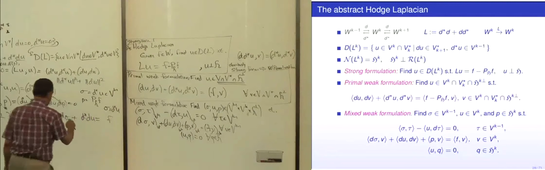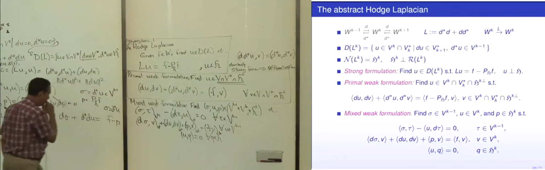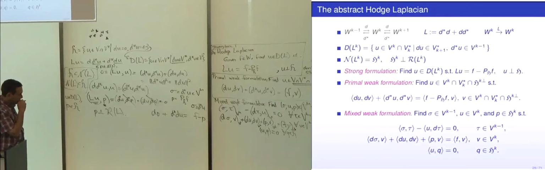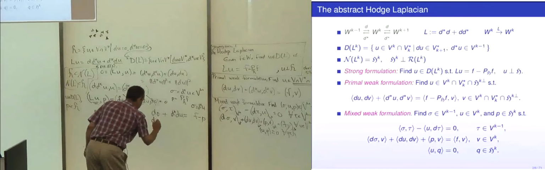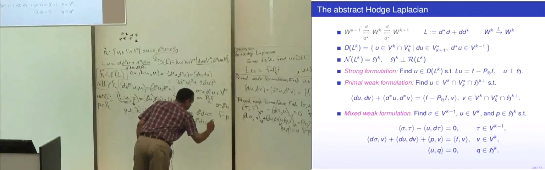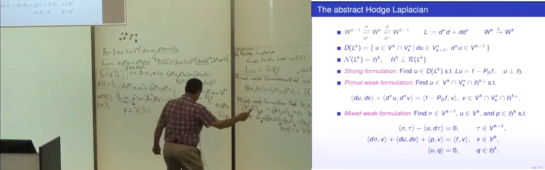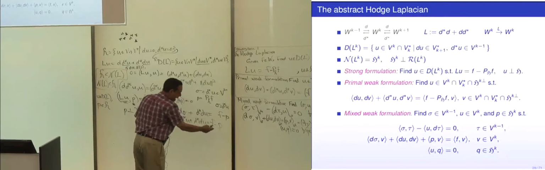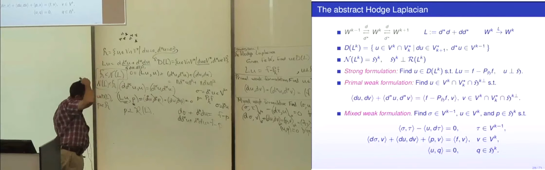And then it says d sigma plus d star du is f minus p. And since sigma is d star u, this is really d star u plus d star du is equal to f minus p. And so we're finding a harmonic form, p, such that the Laplacian of u is f minus p. So p has to be P_H f. It's the only possible solution.